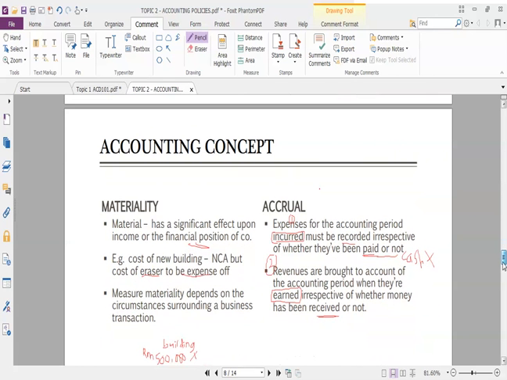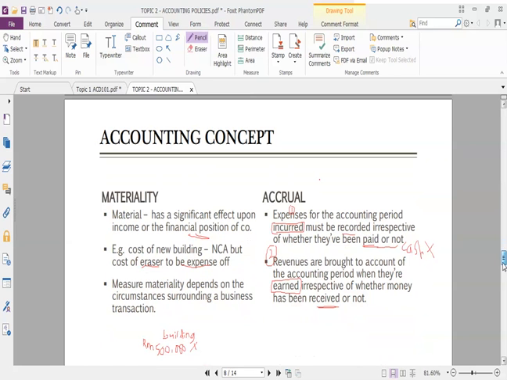Next is materiality. What is materiality? Material has a significant effect upon income or the financial position of the company. For example, the cost of a new building is a non-current asset, but the cost of an eraser is expensed. Materiality depends on the circumstances surrounding a business transaction.